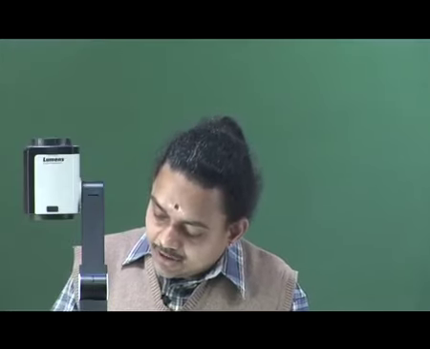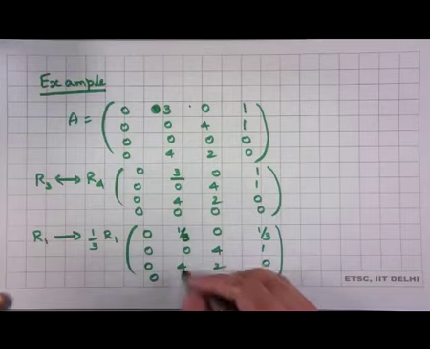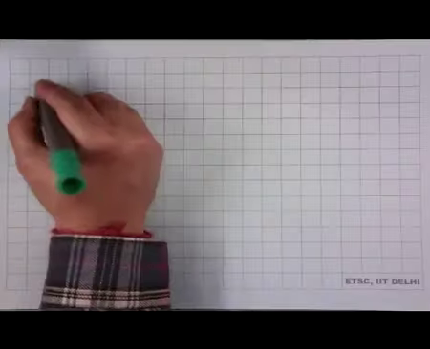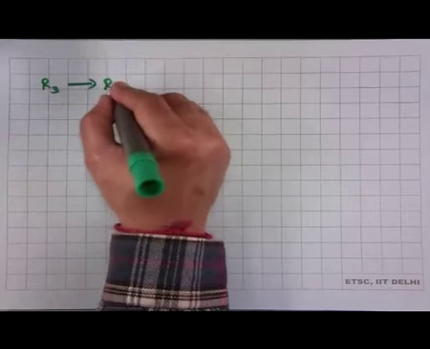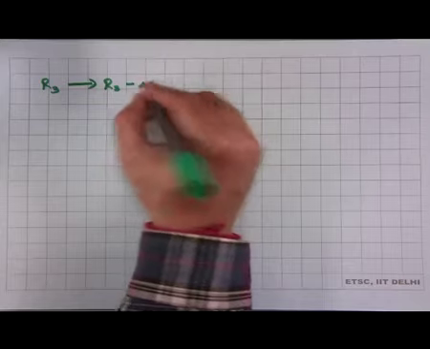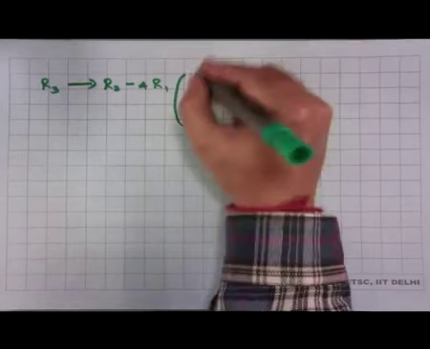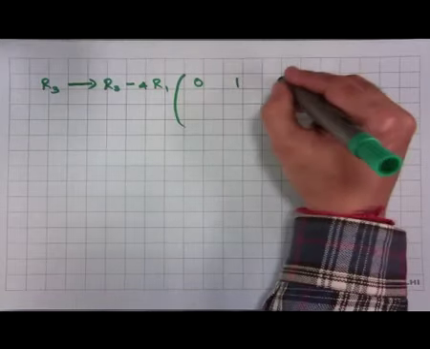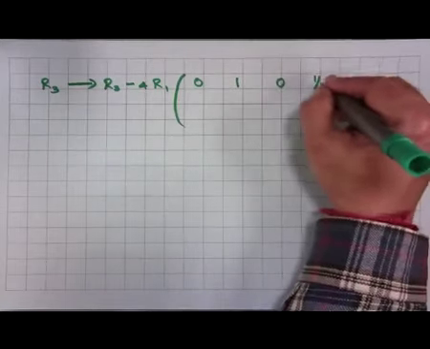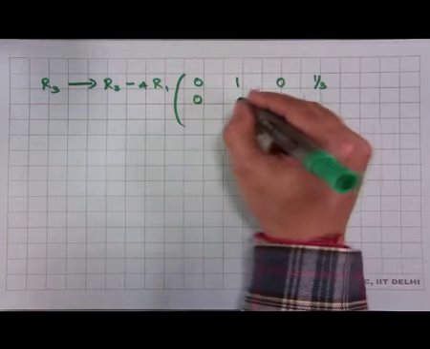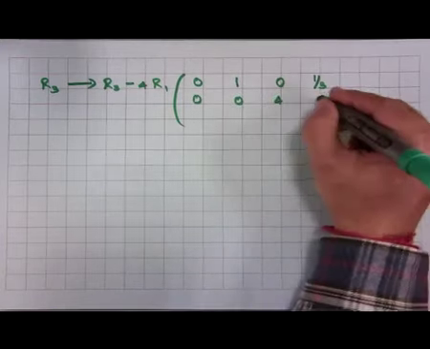Now, let us convert the other element in that same column, which is 4, into 0. R3 is replaced by R3 minus 4 times R1. First row remains unchanged, 0 1 0 1 by 3. Second row again remains unchanged, 0 0 4 1.